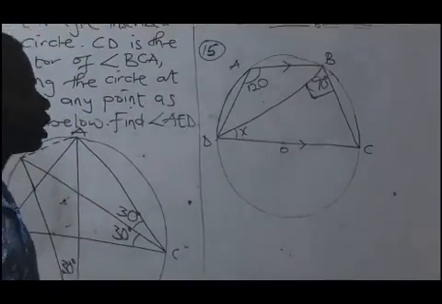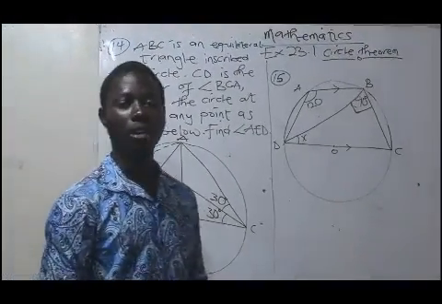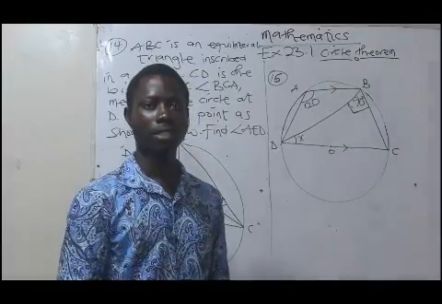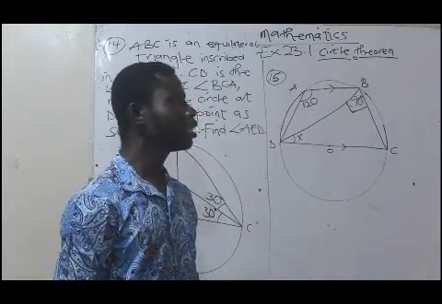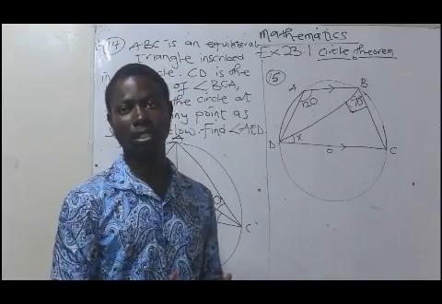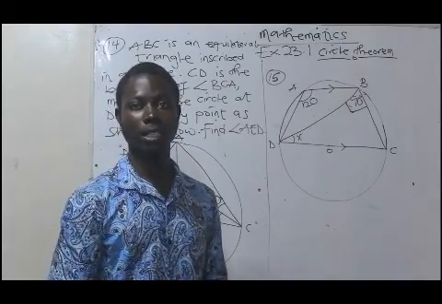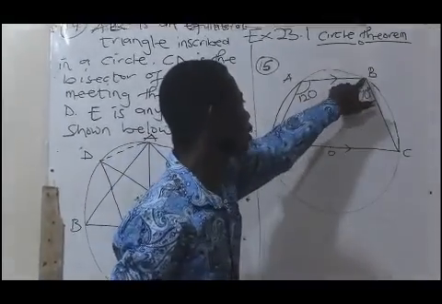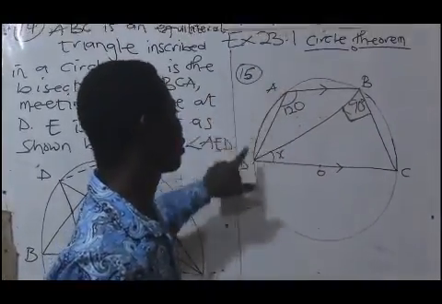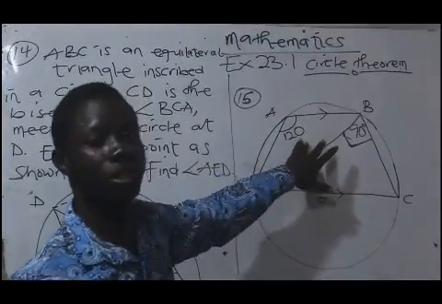And then we also know that when a chord subtends angles at different segments, we can sum up the angles at those 2 different segments and it will give us 180 degrees. This chord here, DB, is subtending an angle at DAB to be 120 degrees.